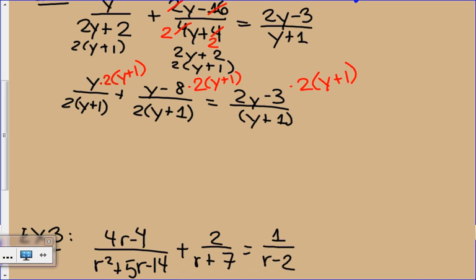Whatever appears in the denominator is what you need to be multiplied by, not the number. So now canceling, the 2 and the y plus 1 are completely gone on this side. But also on this one.